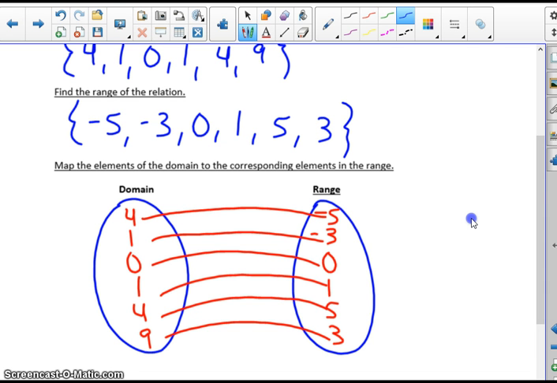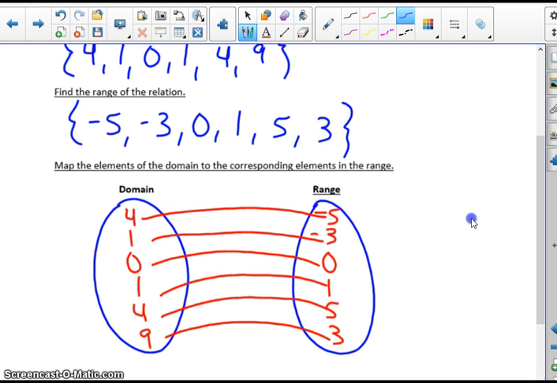So right away we see there's a violation. 4 maps to -5, and 4 also maps to +5. So that 4 can't go to two distinct range values. So this is not a function.